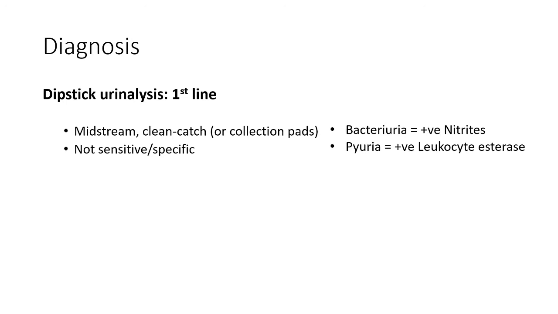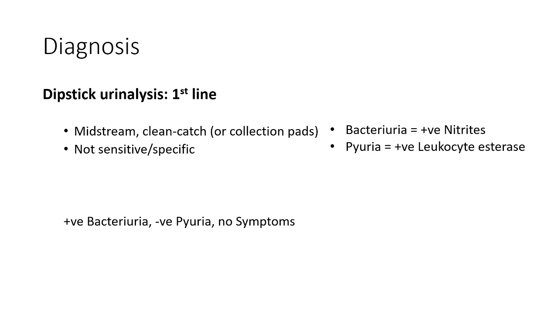Dipstick urinalysis measures nitrites, which indicate presence of bacteria, and leukocyte esterase, which indicates presence of white blood cells in the urine. Following these two results, there are two important scenarios to consider. First, when there is positive bacteriuria but no symptoms.